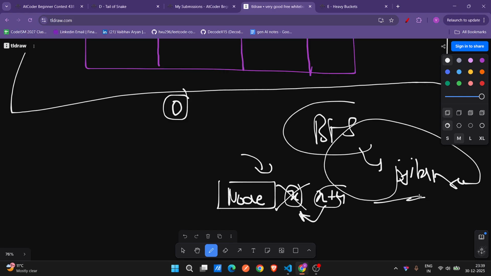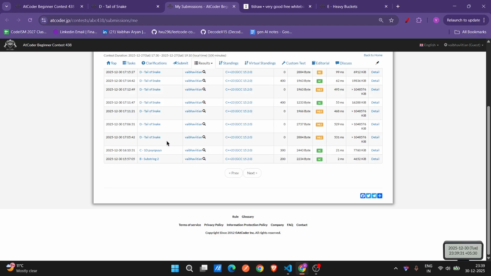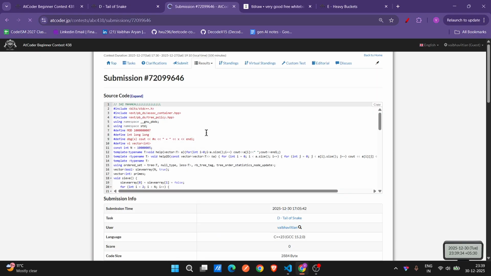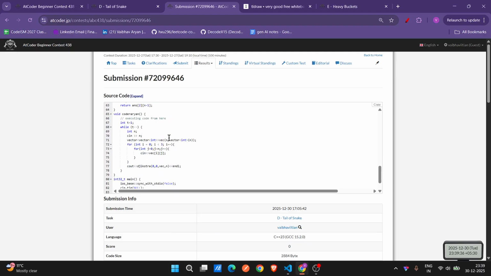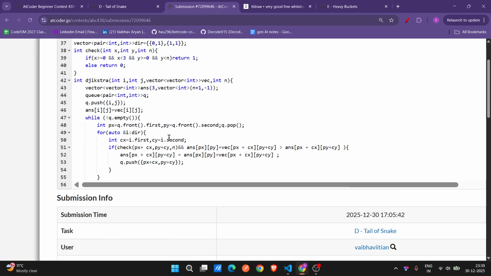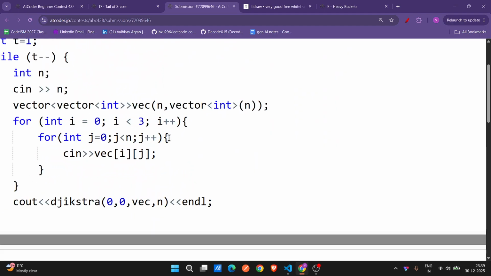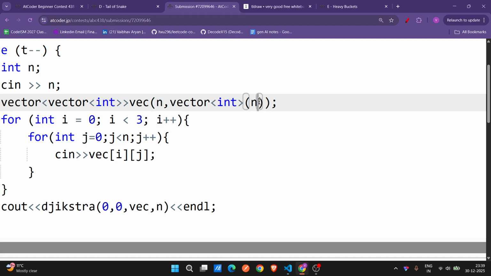So when I was implementing that, I did this with Dijkstra, and that was MLE because of this line. I was thinking why it is coming MLE, but I'm showing you the line. You can see vector n and then vector m. This line gave me MLE. I cannot make n cross n because that will take a huge space. I have to make it 3 into n, and that will be acceptable.